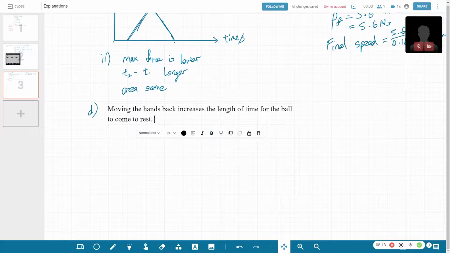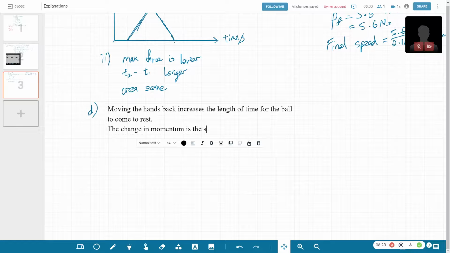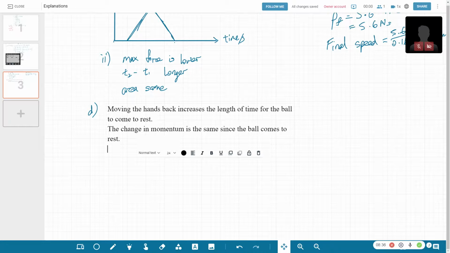It's not like it instantly comes to rest. Now, as for A level questions, we need to talk about changes in momentum. The change, or decrease, in momentum is the same since the ball still comes to rest. So the length of time increases.